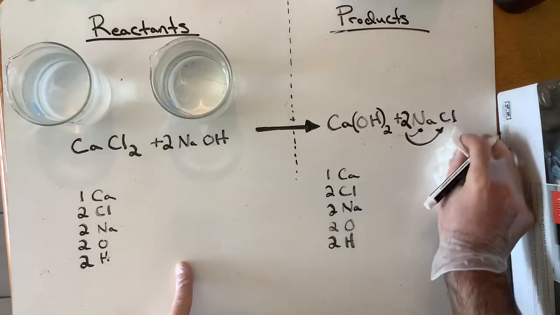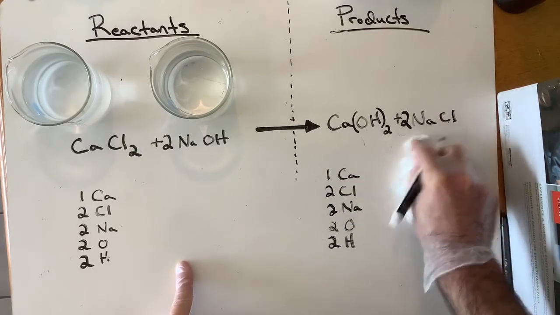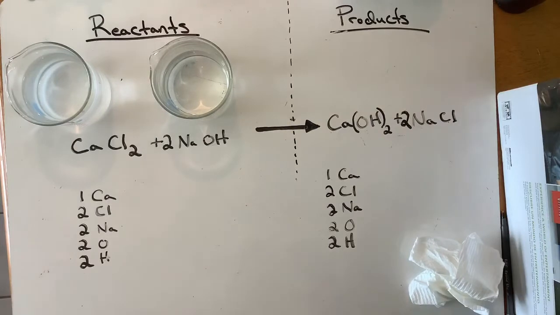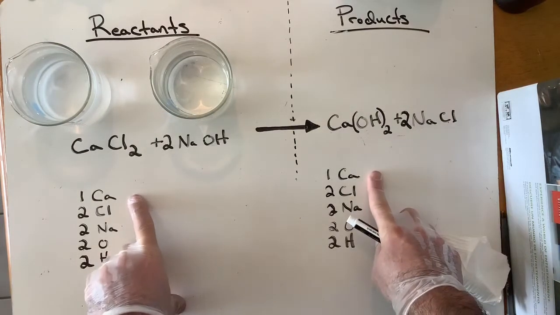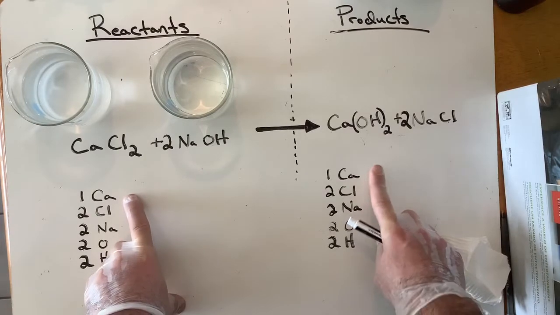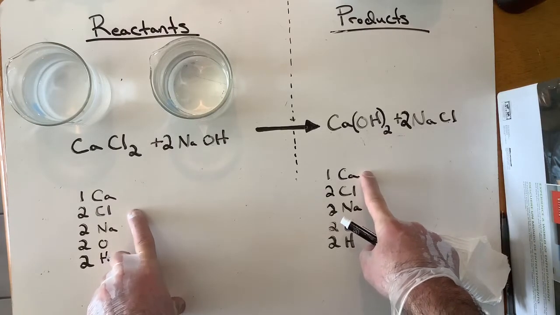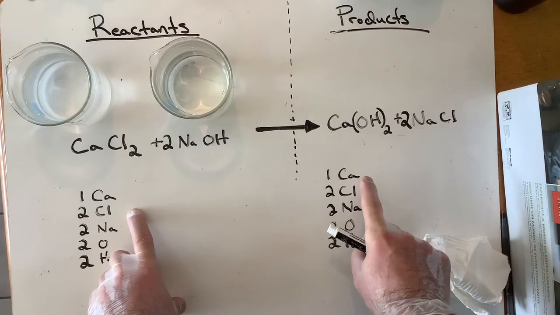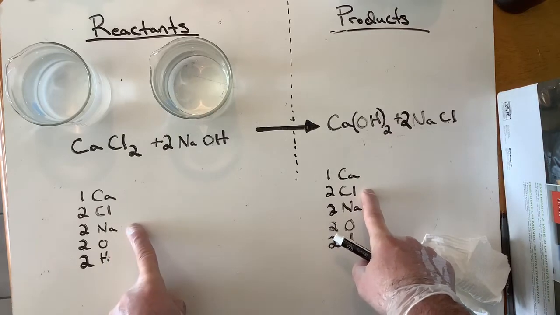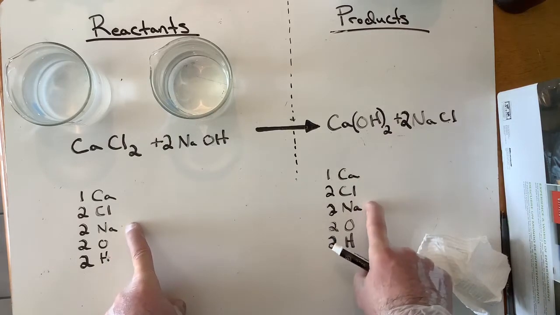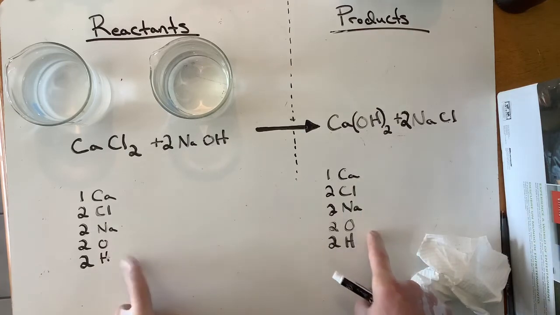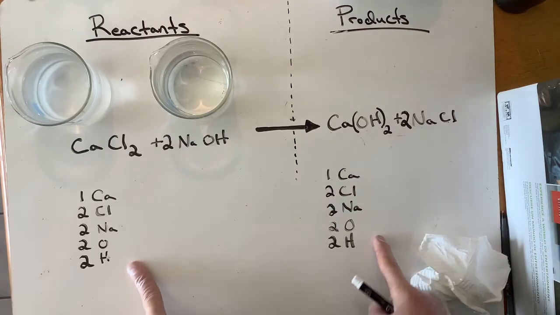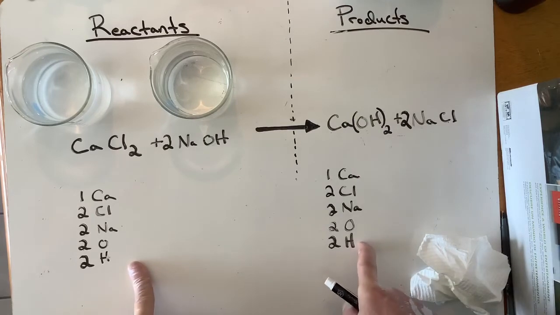All right, let me get rid of these arrows. All right, how are we doing now? Okay, this looks pretty good. We've got one calcium atom in our reactants and one in our products, two chlorine atoms in our reactants and two in our products, two sodium atoms in our reactants and two in our products, two oxygen atoms in our reactants, two in our products, two hydrogens in our reactants, and two in our products.